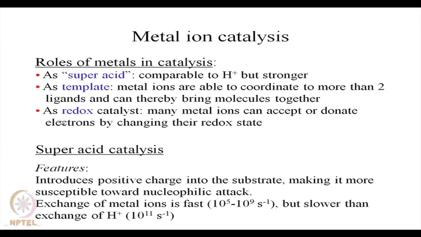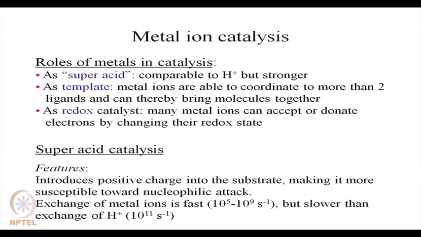As redox catalyst, these metal ions can be redox catalysts as well. Many metal ions can accept or donate electrons by changing their redox state. So, it is not only binding something, but after binding, the metal ion in between can accept 1 electron or donate 1 electron to this entity.